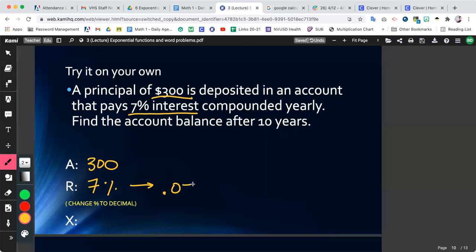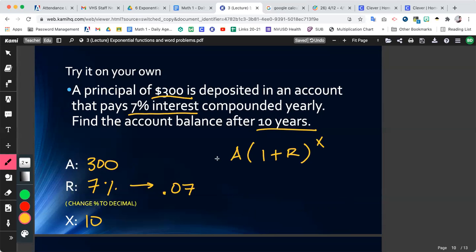Very good, 0.07, perfect. And then find the account balance after 10 years. What does 10 stand for? X. Very good. Okay, this is a growth formula. So A, 1 plus R, because it's growth, to the X power.